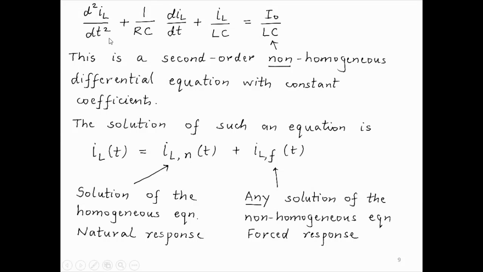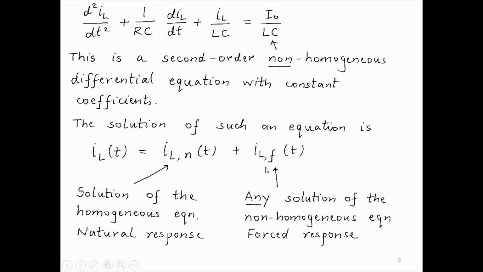Alright, so what we are saying is the solution of this differential equation can be written as the sum of the solution of the homogeneous equation plus any solution of this equation. Now this is important because the general solution of any differential equation is always more than any one solution.